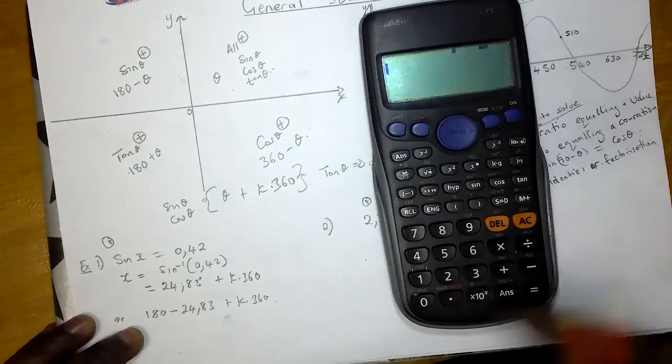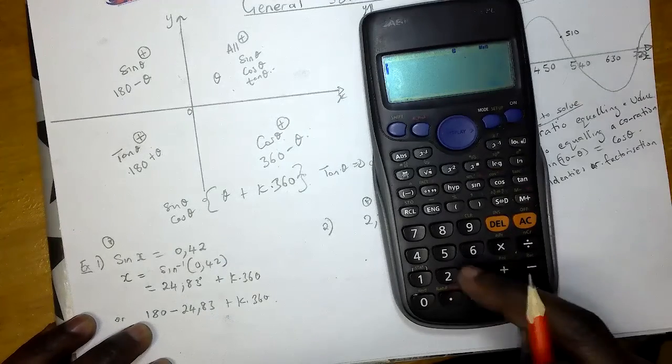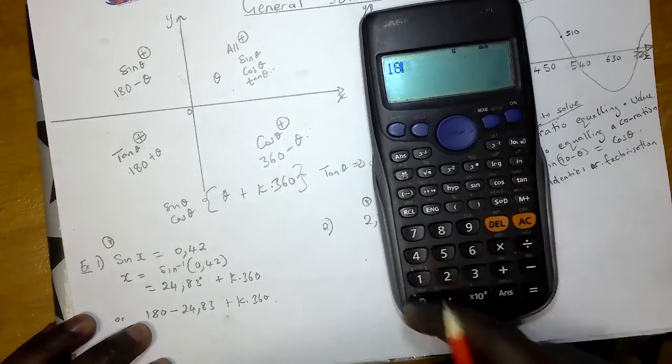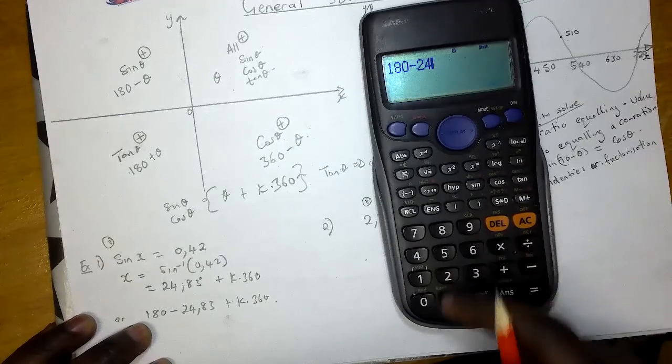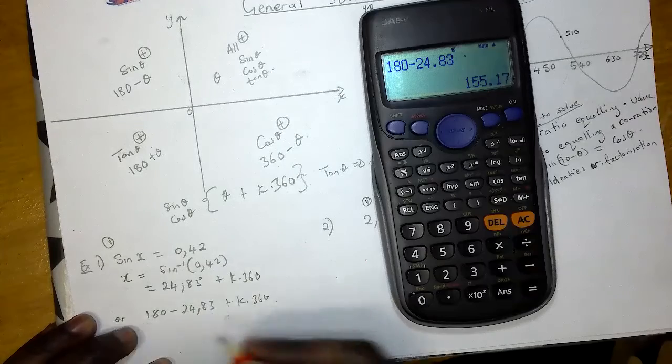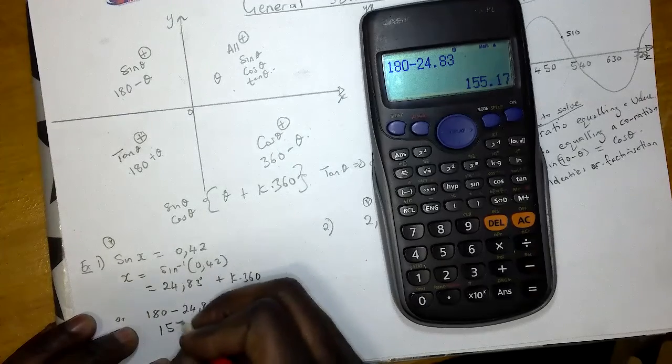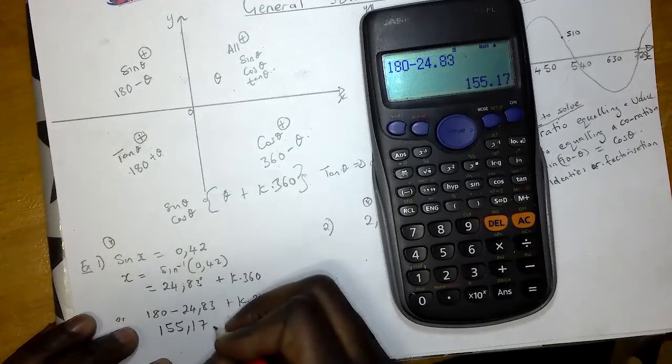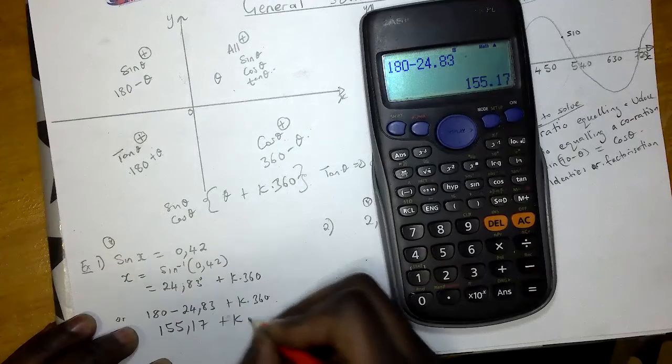So 180 minus 24.83 gives 155.17, so it's going to be 155.17 plus k times 360.